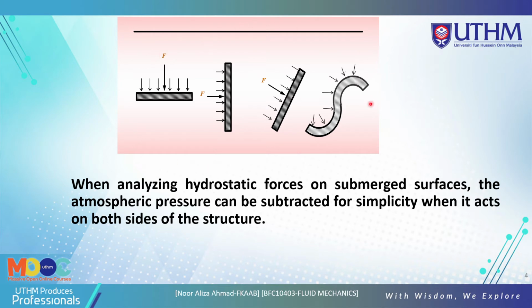So we look at the concept here. When analyzing hydrostatic force on a submerged surface, the atmospheric pressure can be subtracted for simplicity when it acts on both sides of the structure. So maybe these are the forces on a submerged surface, with the horizontal here and the force vertical.